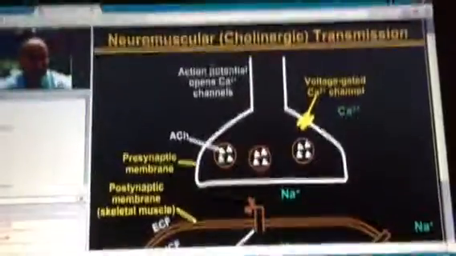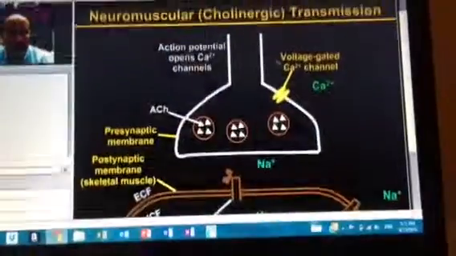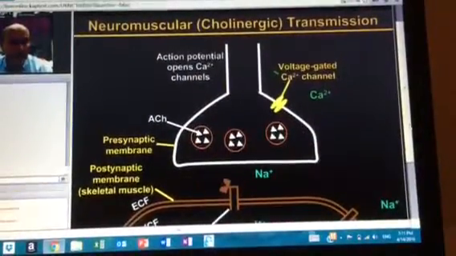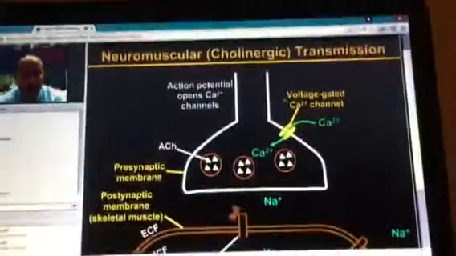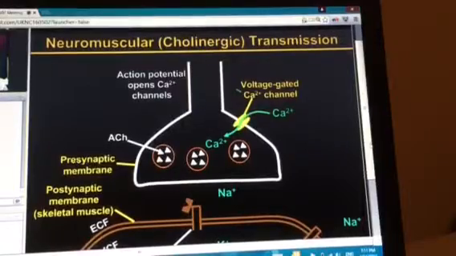Now it invades this presynaptic terminal. This is a depolarization, which is going to open voltage-gated calcium channels. Calcium is going to flow in, and here's the key step. Calcium entry causes the release of the neurotransmitter.